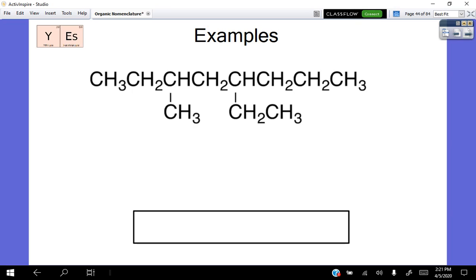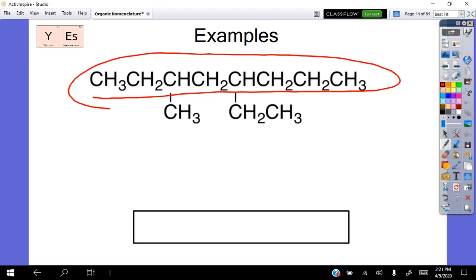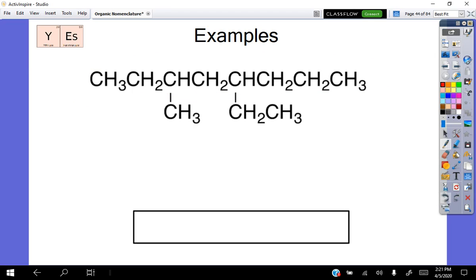So let's do another example. This one, we're given a condensed structure. My longest parent chain seems to actually be this one going all the way across. So I'm going to go through and count my carbons. All right.